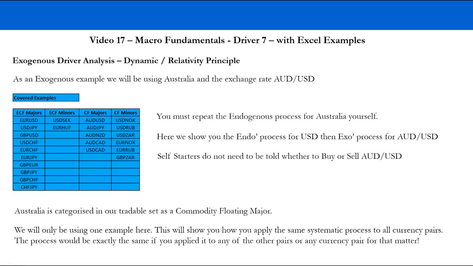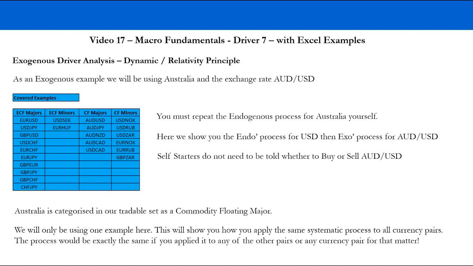So we stay away from fixed regimes and focus on floating regimes. And the value of these currencies is very much weighted towards the value of one or two factors, so one or two commodities. And the Australian dollar is categorized in our tradable set as a commodity floating major.